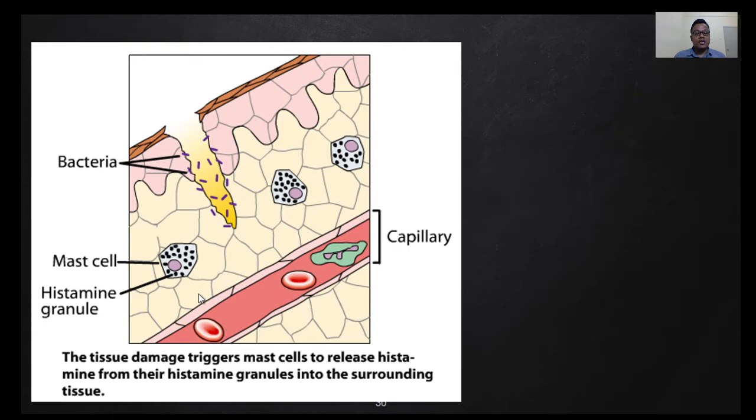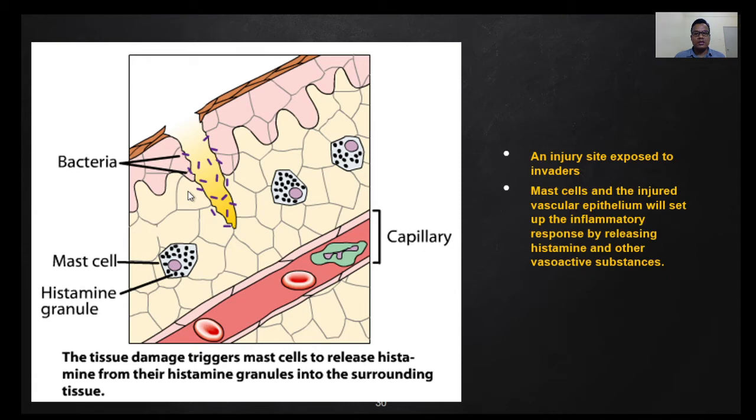The normal sequence starts with injury sites exposed to invaders such as bacteria. Mast cells and the injured vascular epithelium will set up the inflammatory response by releasing histamine and other vasoactive substances into the surrounding tissue.